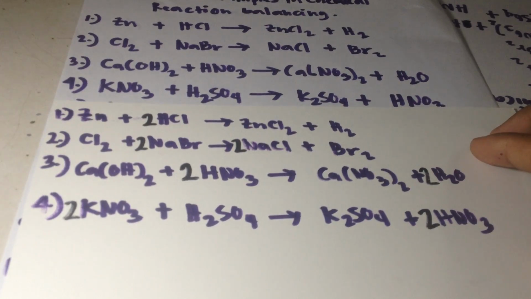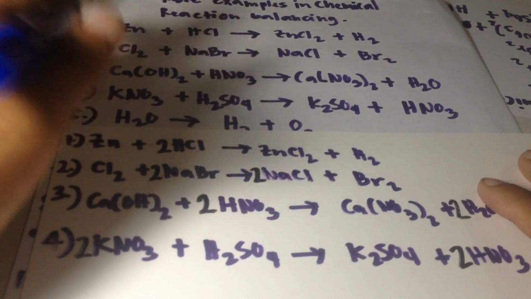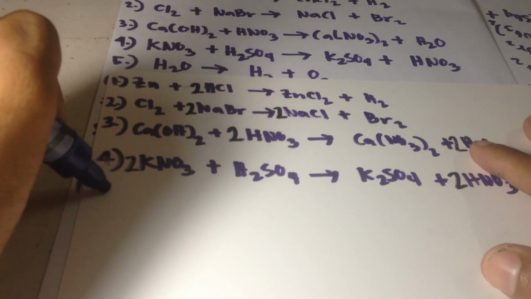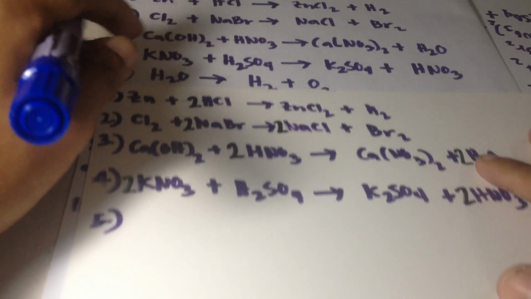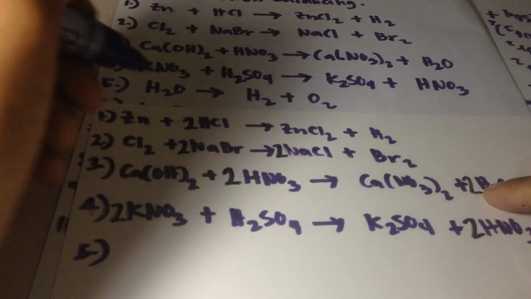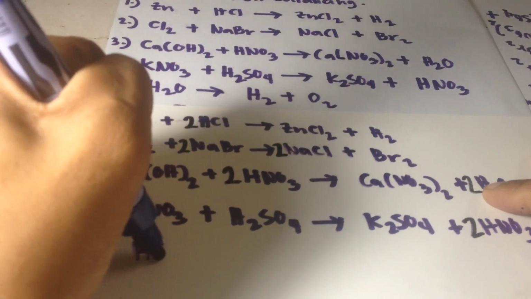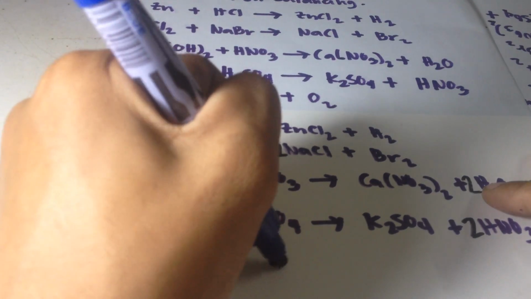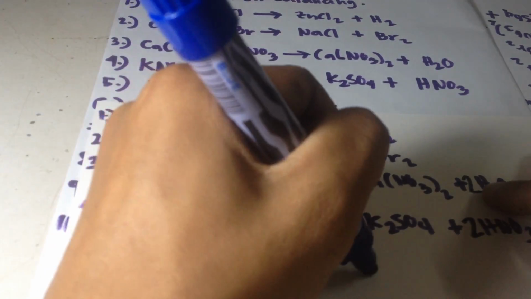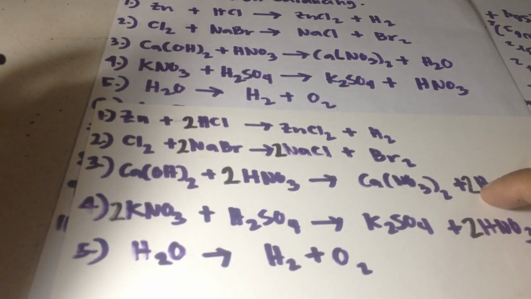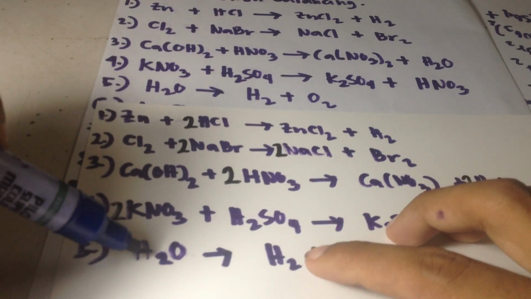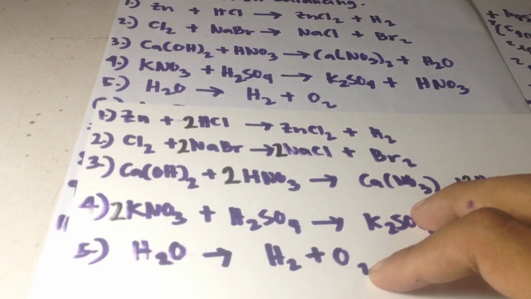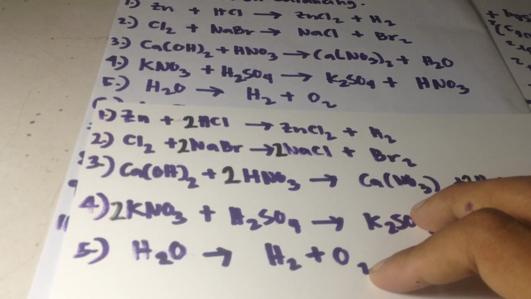How about number 5? In number 5, we have water. Water reacts to hydrogen gas plus O2. First of all, hydrogen gas has 2 and oxygen gas has 1 here and 2 here, so it's not balanced. So you need to multiply by 2 here.